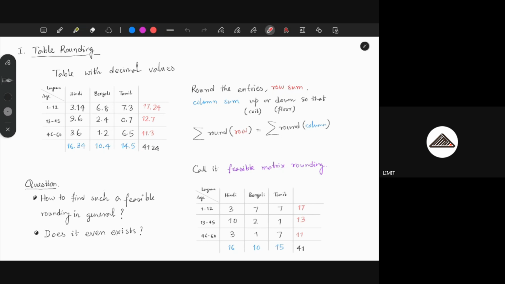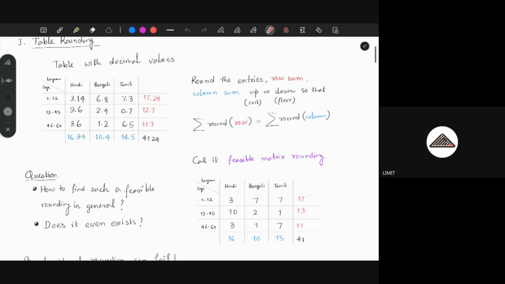So instead of usual rounding, we'll round each of the entries, the column sums and the row sums, up or down. We take the ceiling or floor of all these values, and we want to make sure that this rounding up or down remains consistent.